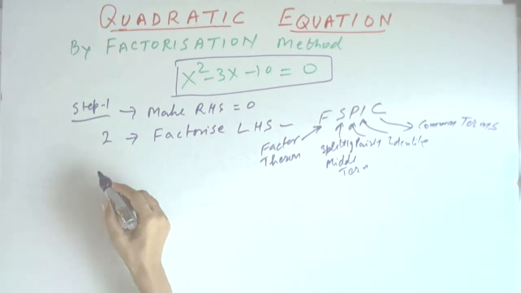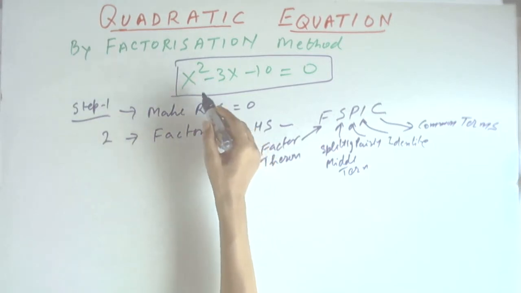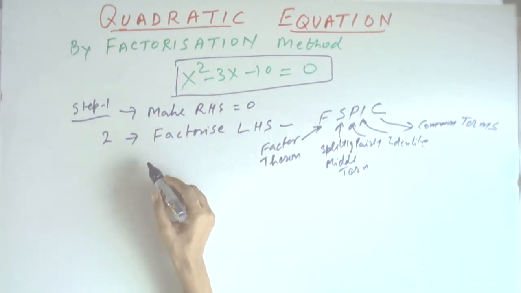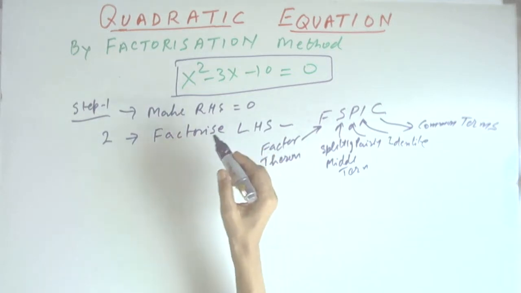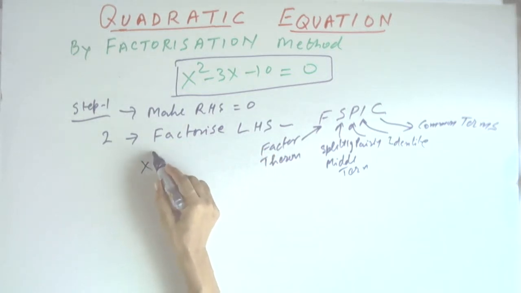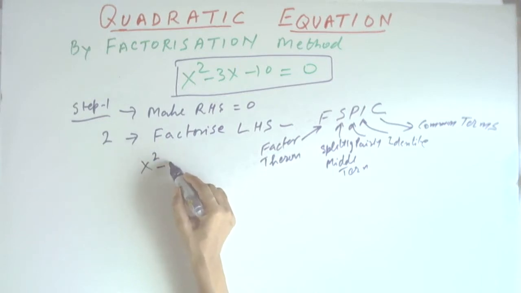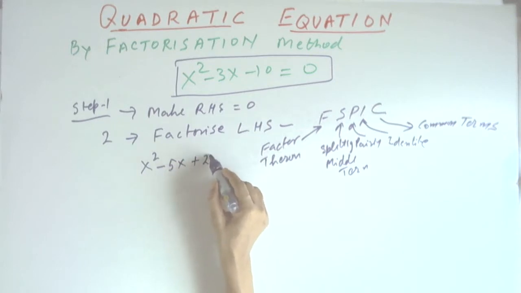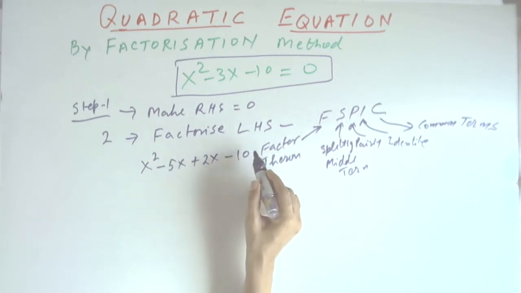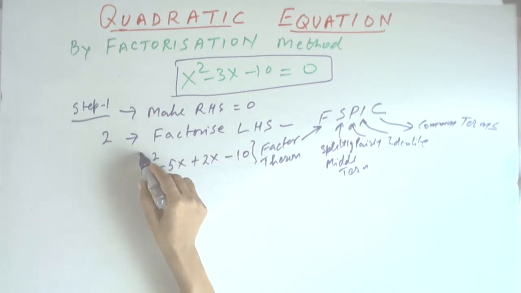So in this case, we will do factorization by splitting the middle term. So how will it become? x square minus 5x plus 2x minus 10.